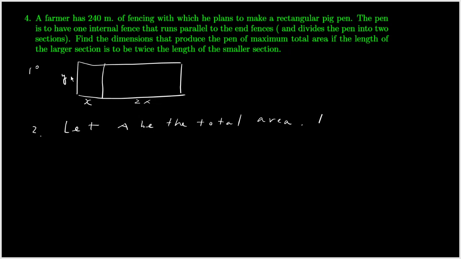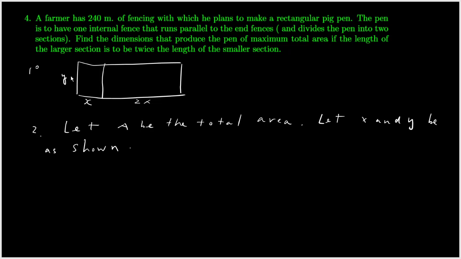I can just write let x and y be as shown. If you really want to write everything in words, you could say let x be the length of the smaller section, and let y be the width of the rectangles. I think you know the meaning already.